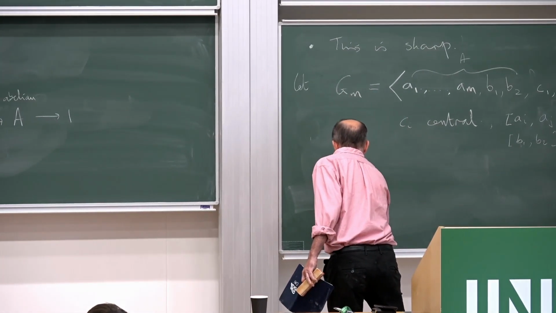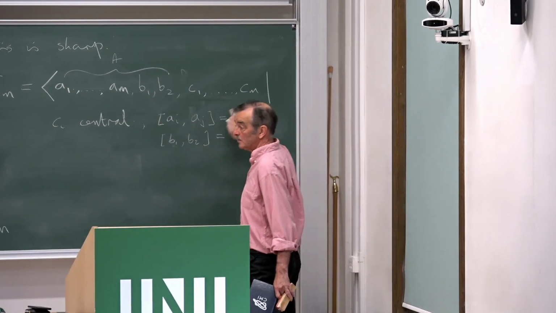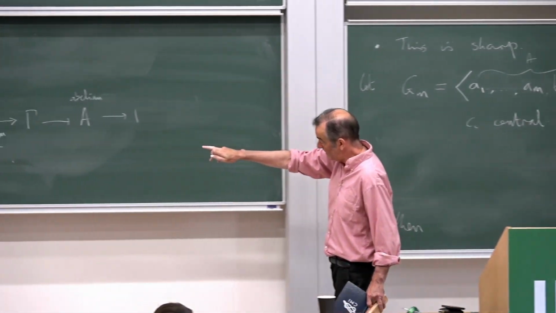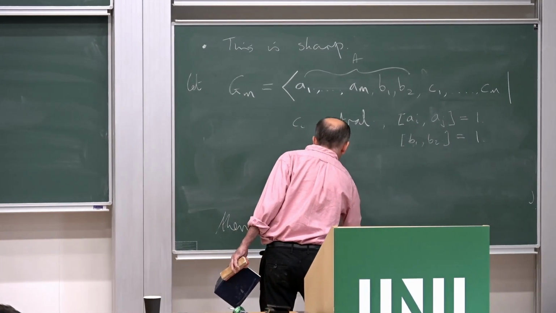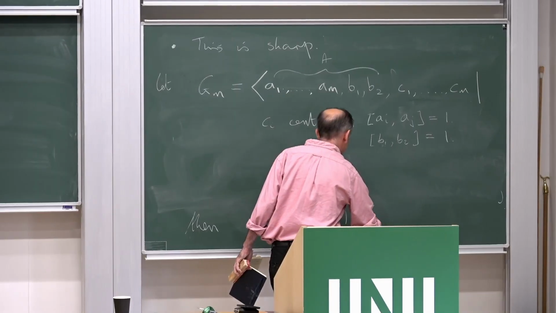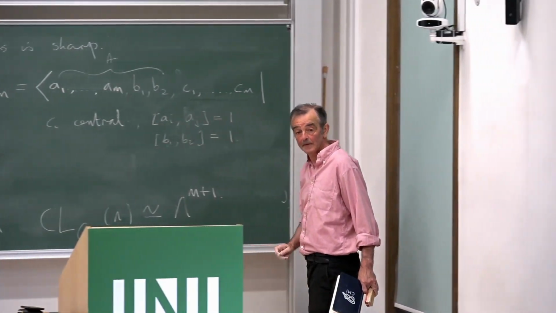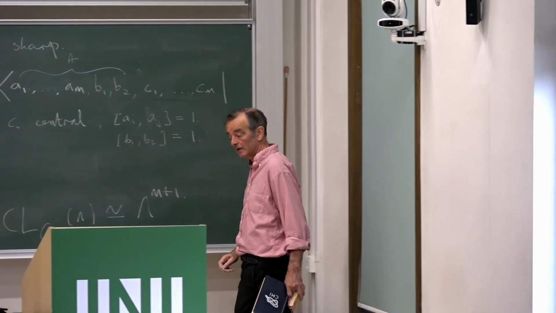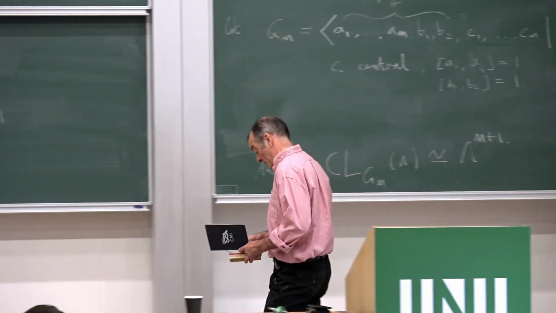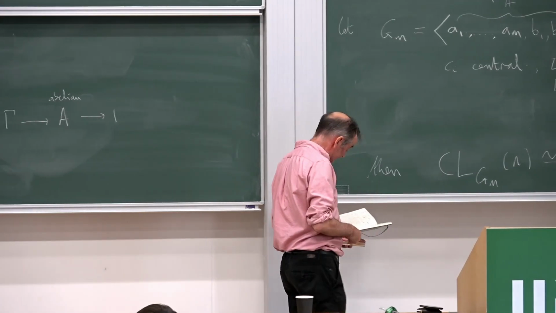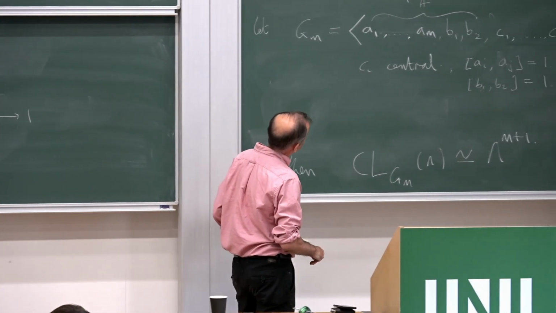Then, okay, so this has got a center of rank m. So there's an upper bound of degree m plus 1. And here, the point is that in this family, that is sharp. It really is degree m plus 1. Okay, so it really does depend on the rank of the kernel, of the center, and not just the nilpotency class, for reasons I'll explain in a second. But I better tell you what these relations are.